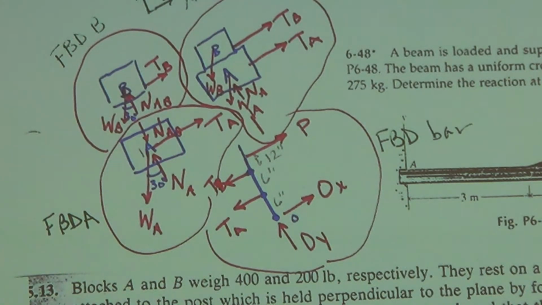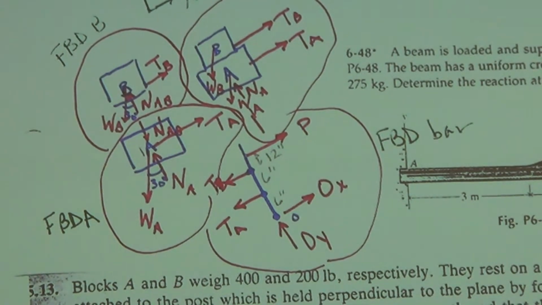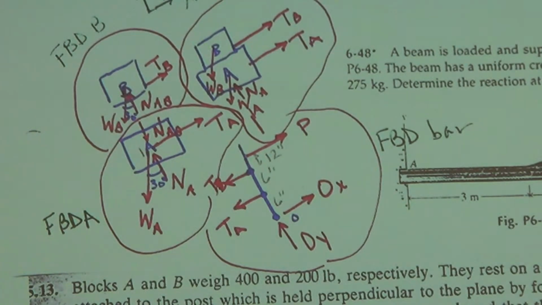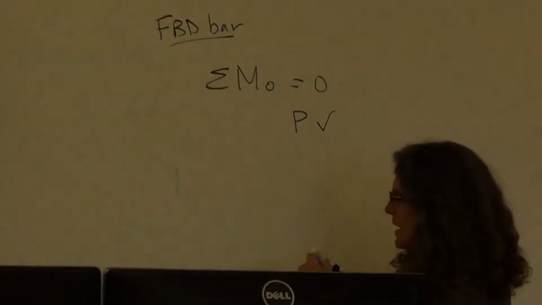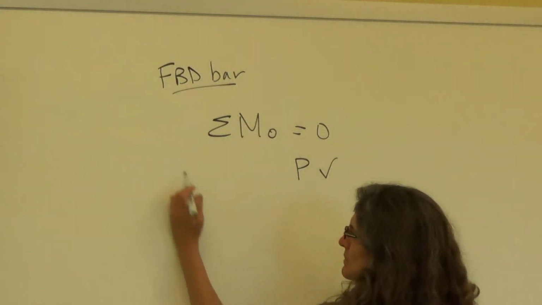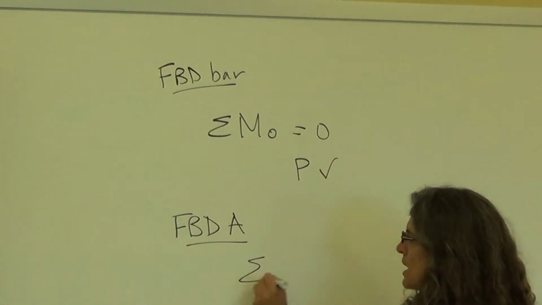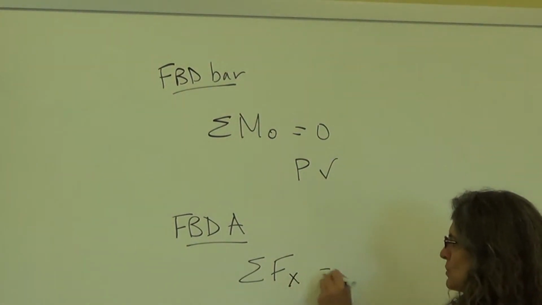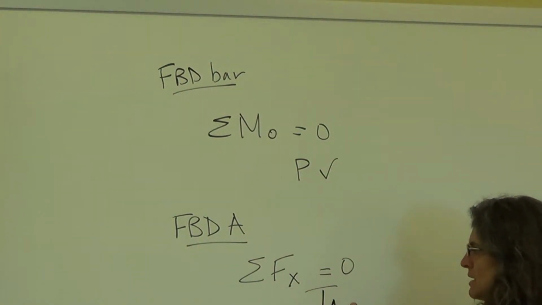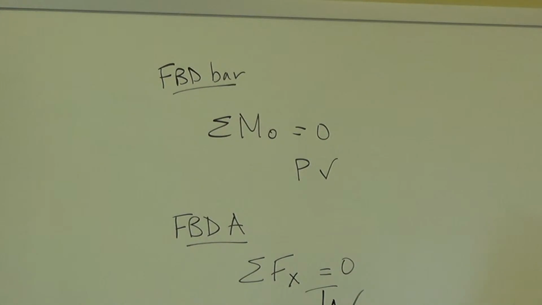In free body diagram A, we could do sum of the forces in the x equals 0, and what are we going to find? TA. Because we know the weight. The only other force that's in the x is WA.